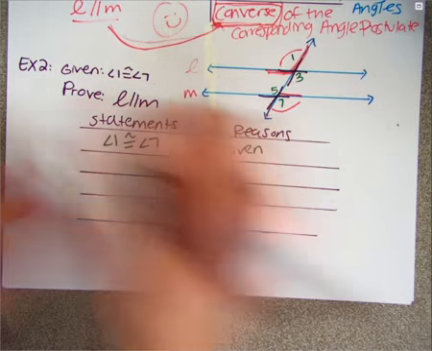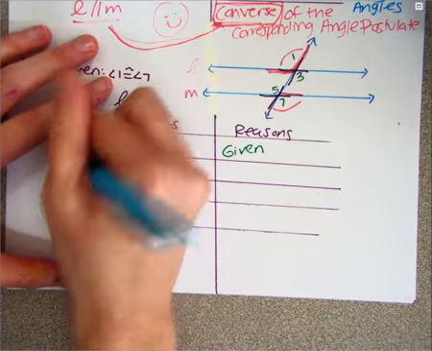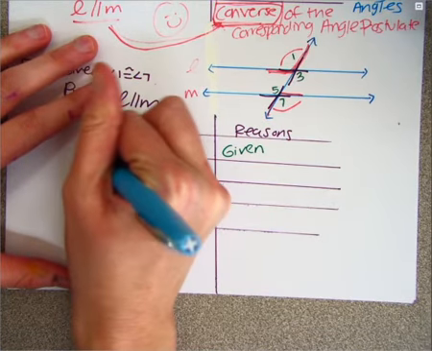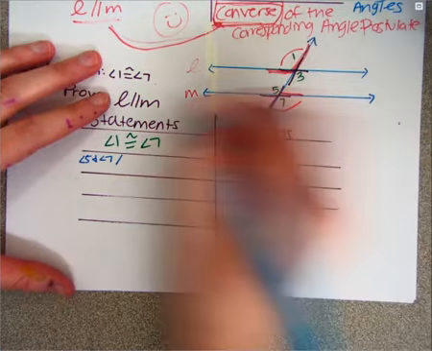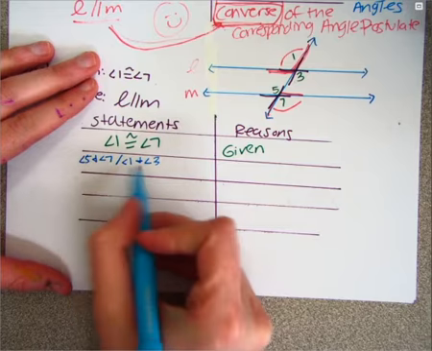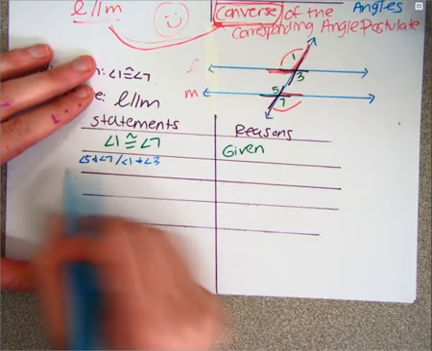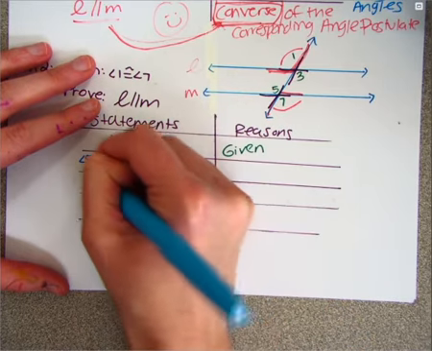So I know angle 5 and angle 7, and I'm just going to put a slash to separate them, as well as angle 1 and angle 3. Those are and symbols. So 5 and 7 and 1 and 3 are vertical angles.